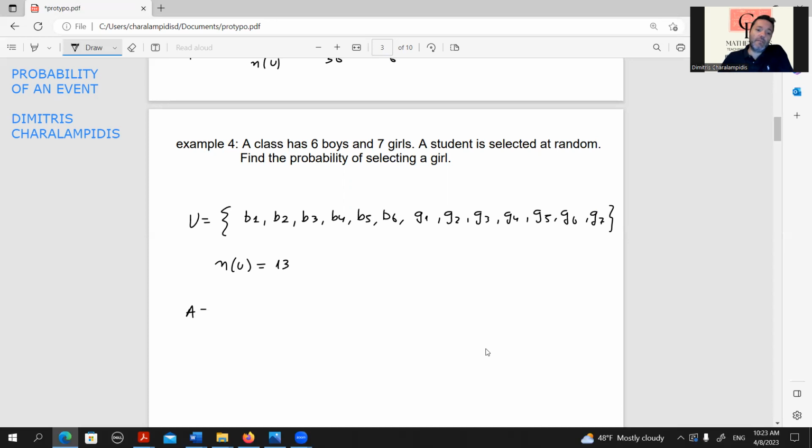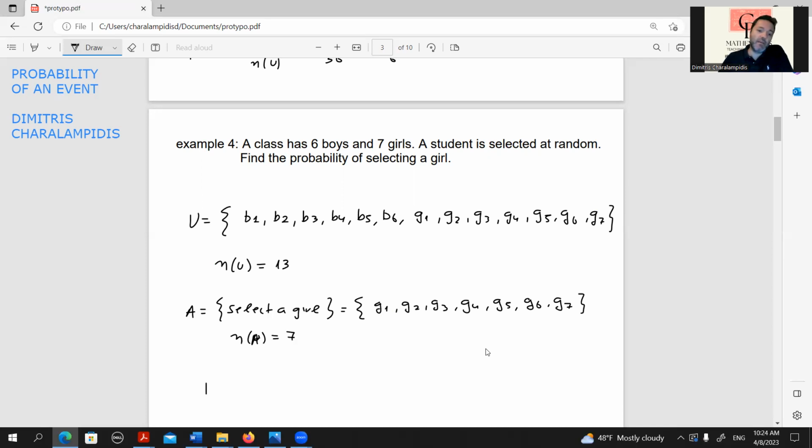Now, let us define the event that we need. We need to select a girl, and this event is satisfied by any of these 7 girls, G1, G2, G3, G4, G5, G6, and G7. Therefore, the cardinality of that event A would be 7.